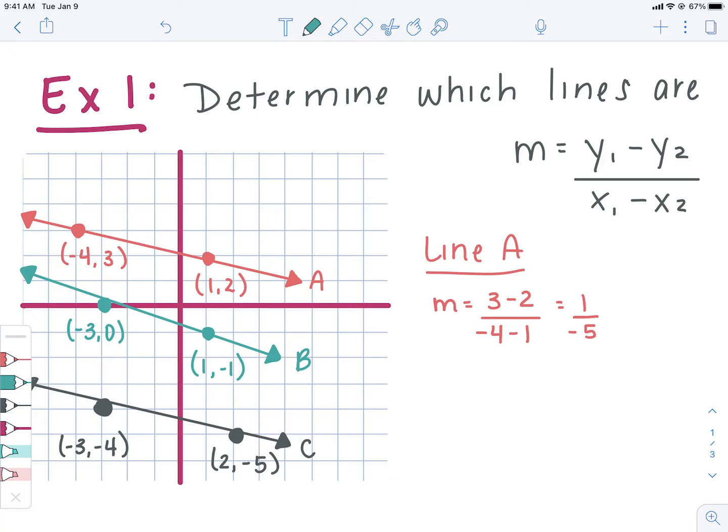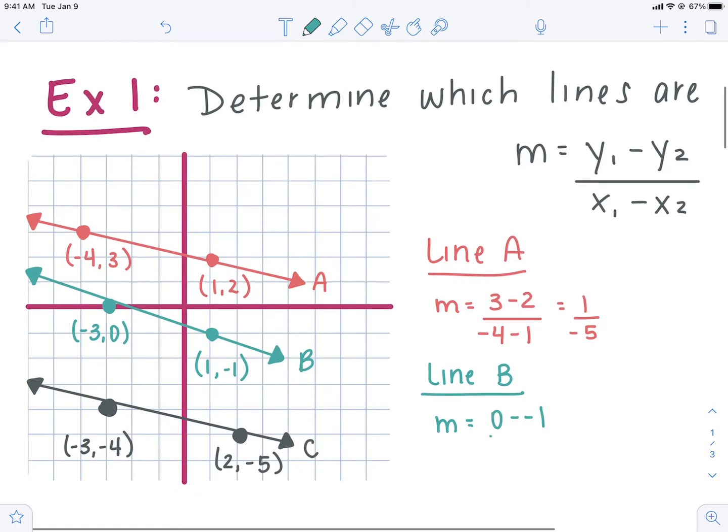So now I'm going to take my next color, my line B color, and I want to find my slope for line B. So I'm doing my first y value, which is 0, minus -1 over -3 minus 1.